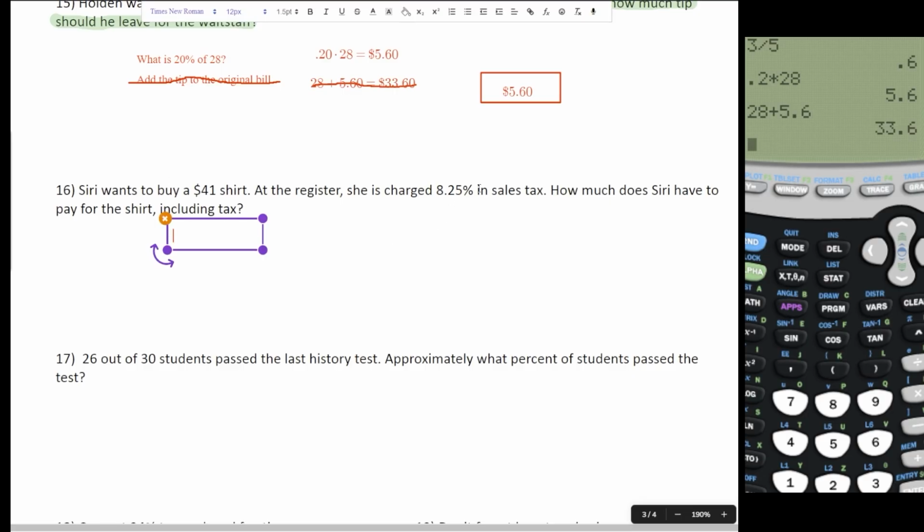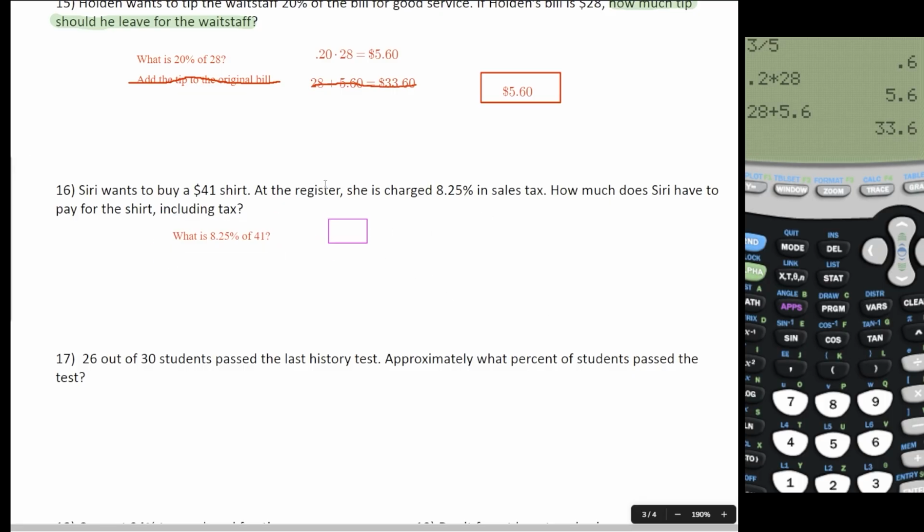So first, we want to know how much tax is being charged. So we want to know what is 8.25% of 41. So we're going to find the tax. Now this one's a little tricky because it's a decimal and it's less than 10%.